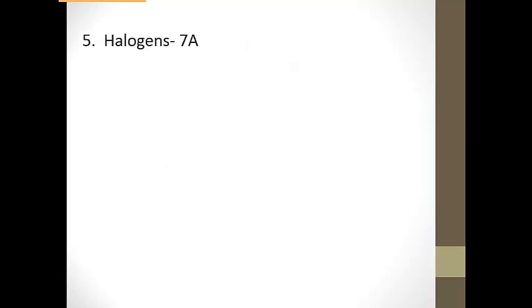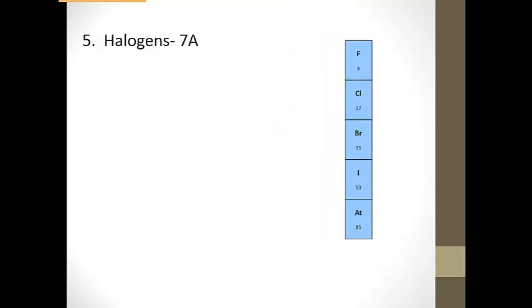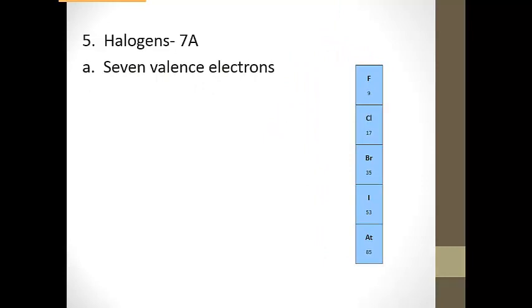And then we're going to skip to the halogen family. If we were to count them in order, this would be number 17, but we're going to call our halogens 7A. They have 7 valence electrons, so that's why we're sticking with this 7 for right now instead of 17, but even with the 17, it has the 7 in there. Hopefully that helps you to remember that there are 7 valence electrons.